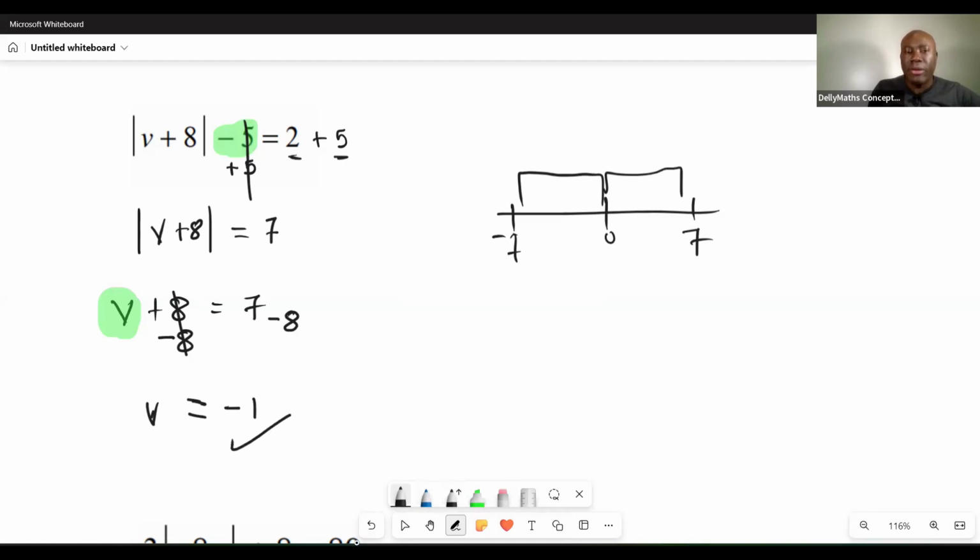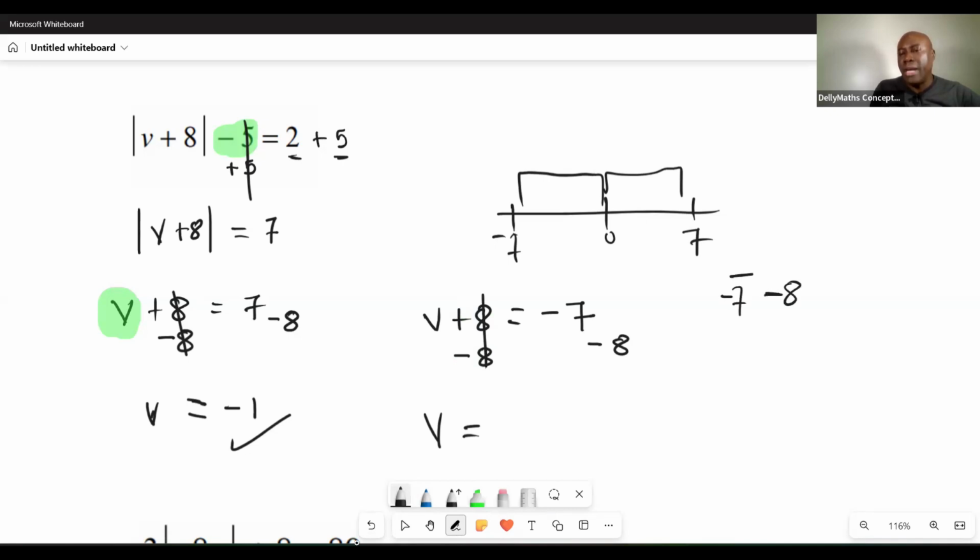Our second solution is that v plus 8 is equal to -7. We're going to apply ourselves the same way. We're going to subtract 8 from both sides. So on the left side, -8 and +8 actually becomes 0. So what we have here is v, because this becomes 0, is equal to -7 minus 8.